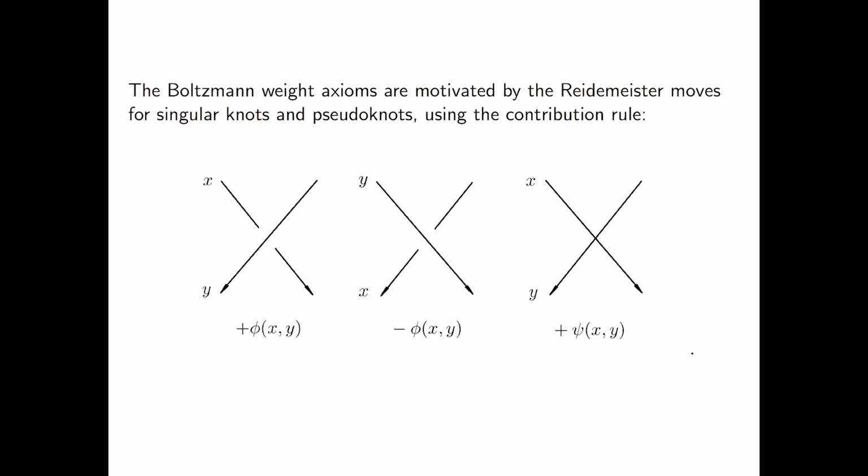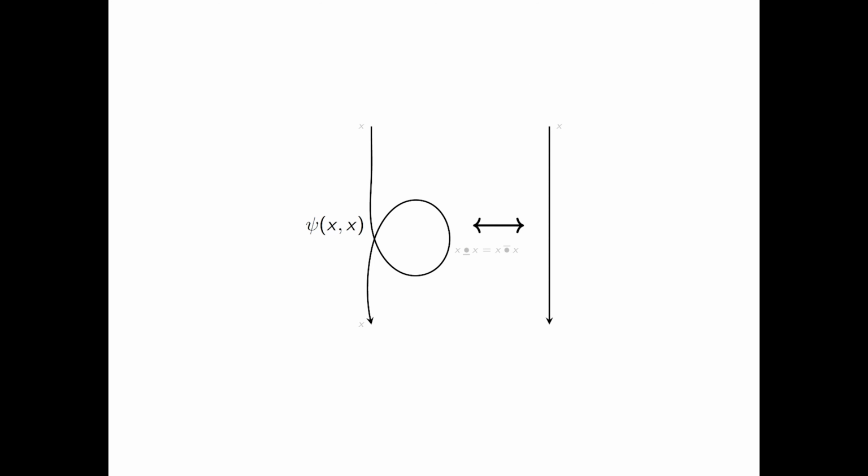If you take the Reidemeister moves and you color them by a specific Psyquandle, and then you follow the weight contribution rules, then you're going to be able to extract the axioms for the Boltzmann weight of a Psyquandle. And so instead of looking through all of them, let's just look at a fairly simple one.